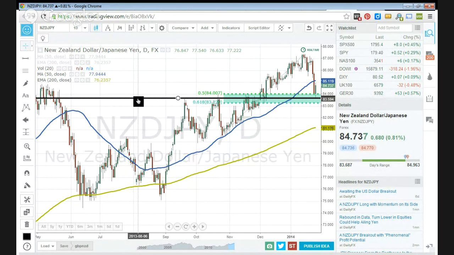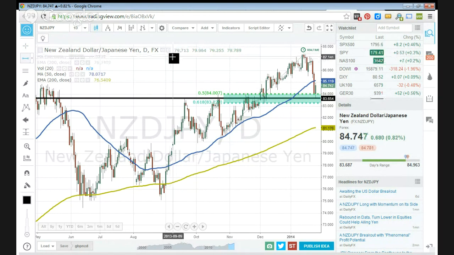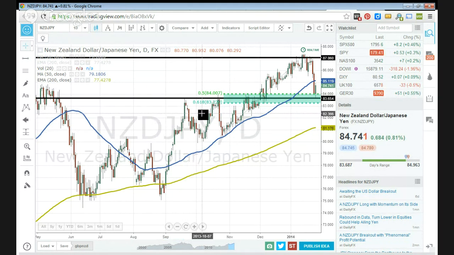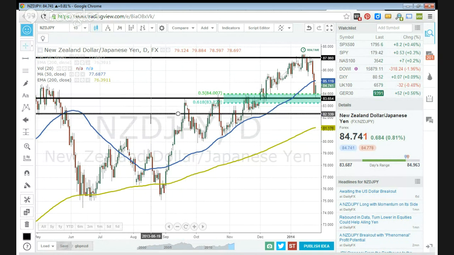Kiwi Yen, enter at 83.60 with a stop at, and retargeting, of course, 87. So that gives us 340 pips, 330, let's call it. Put this out. Put the stop there. 130. Oh, it's a little far away.